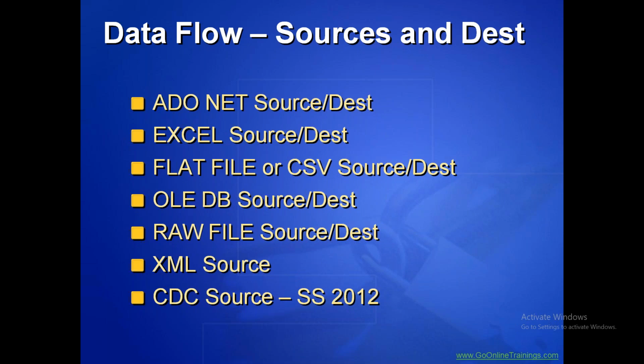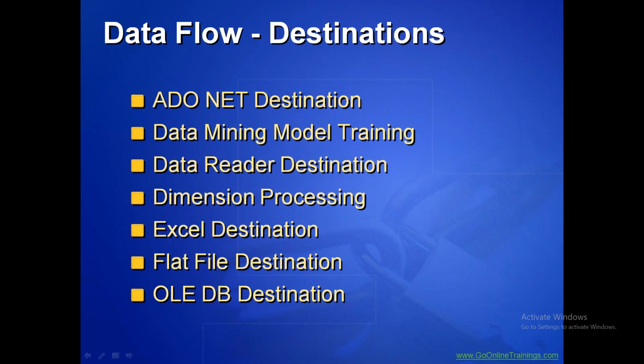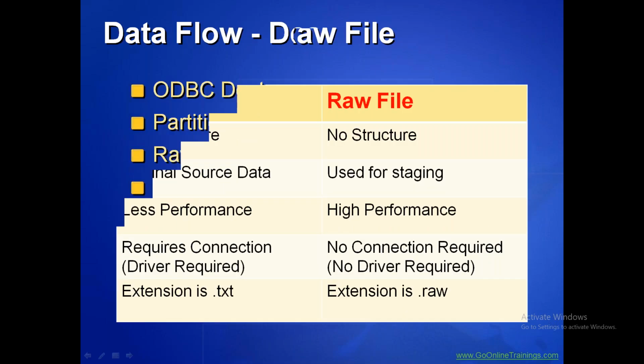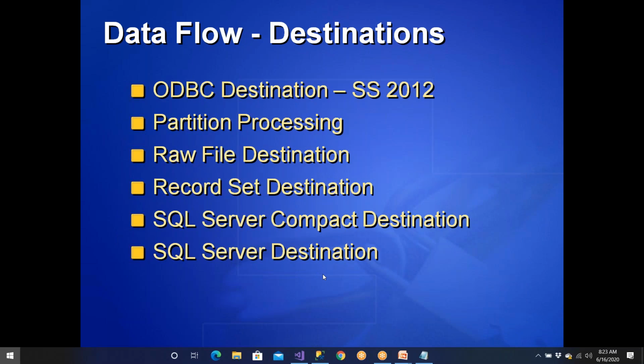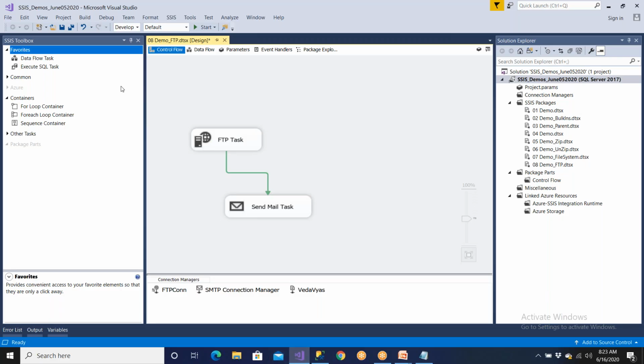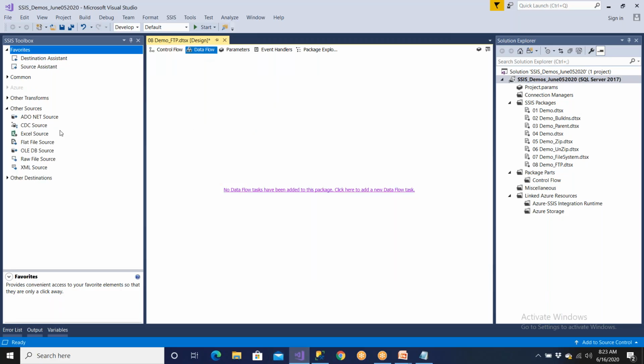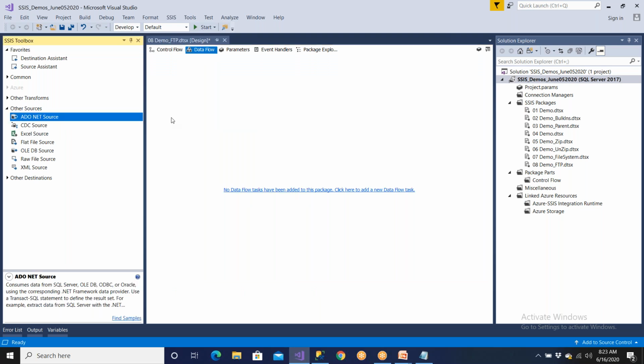Then we have a CDC source, change data capture source, and we have ADO.NET destination. These are the only destinations. We don't have the sources here. Data mining model, data reader, dimension processing, Excel destination, flat file destination, and so on. So when you go to the data flow, let us talk about ADO.NET.